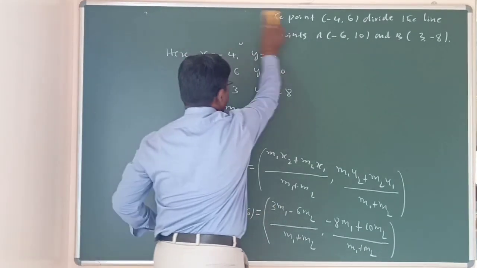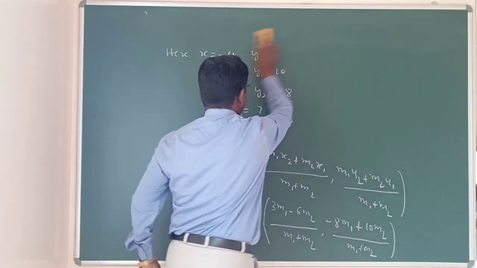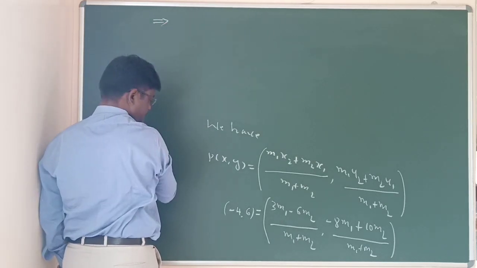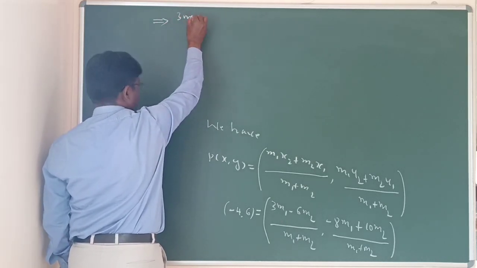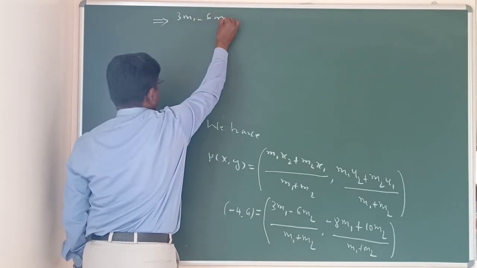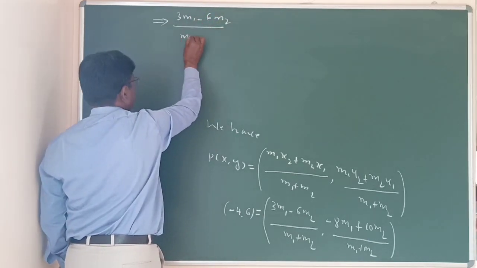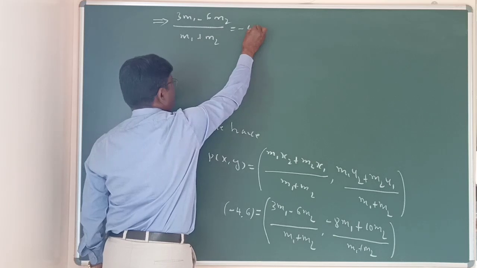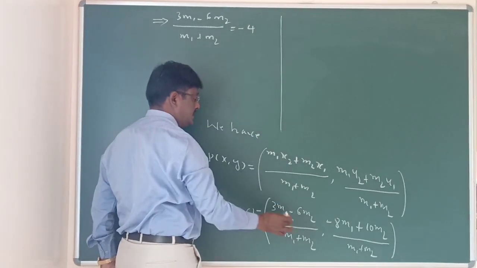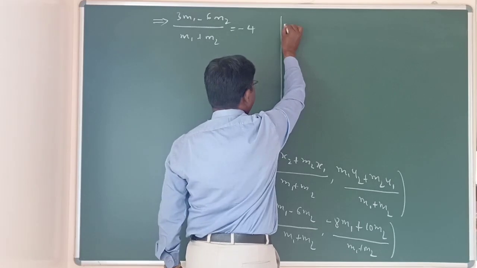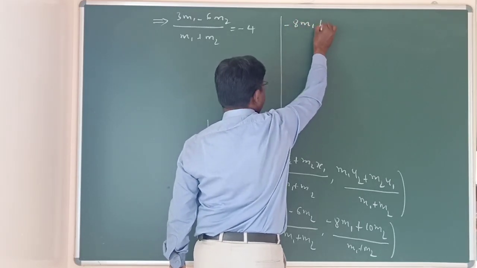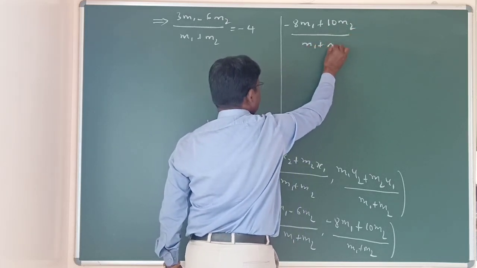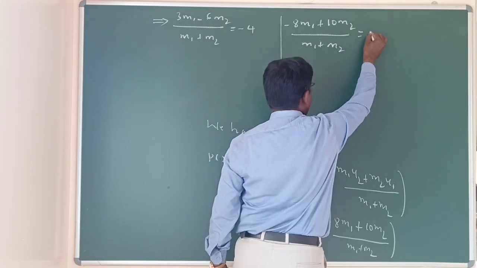Hence equating, this implies (3 m1 - 6 m2) / (m1 + m2) equal to -4, first with first, and second with second, (-8 m1 + 10 m2) / (m1 + m2) equal to 6.